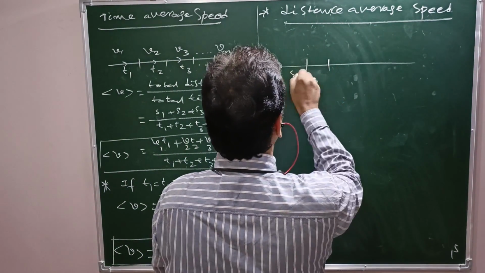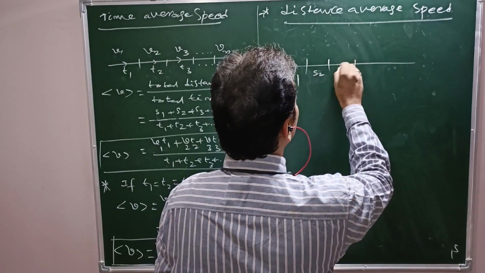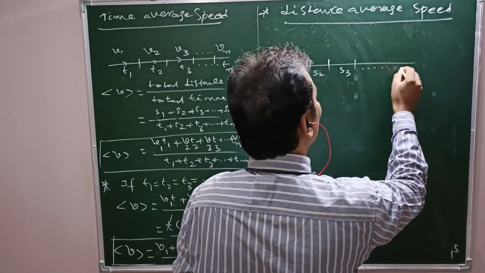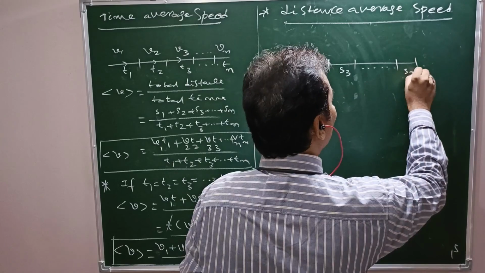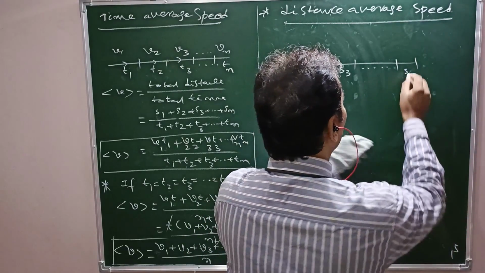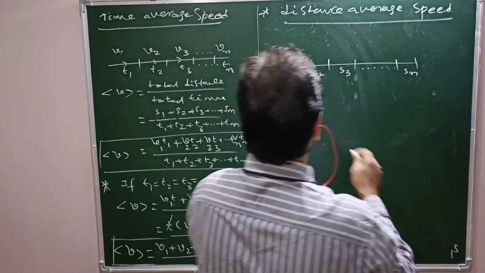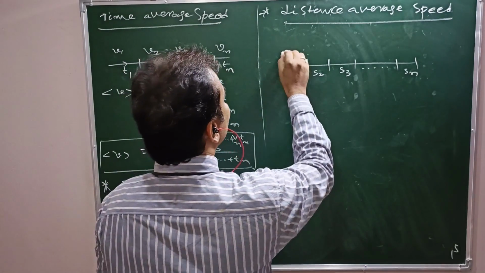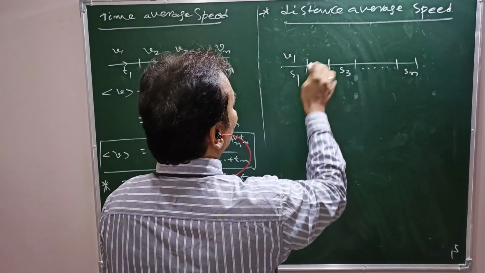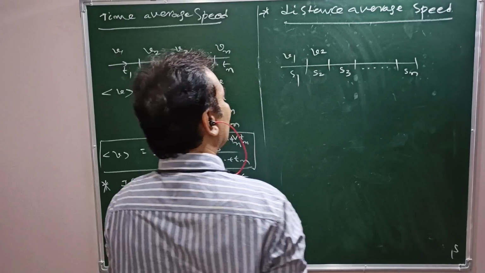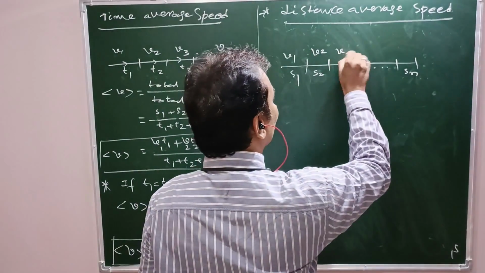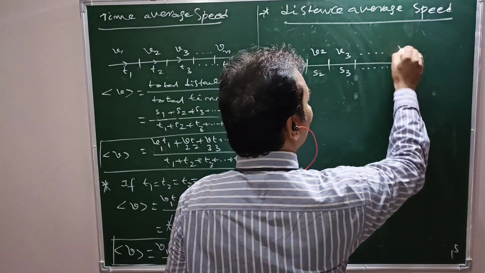Say this is S1. This is S2. This is S3. Up to so on. This is the last segment Sn. What is the speed to cover the first segment, that is V1? Here it is V2. Okay, here it is V3, up to so on, here it is Vn.